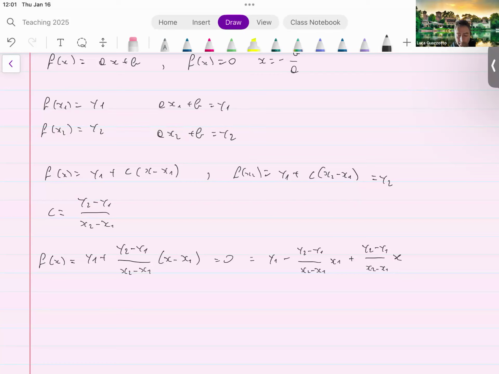Solve for x. I don't think you need me to do it, but all right. x is equal to x1 minus y1 divided by c. Okay.